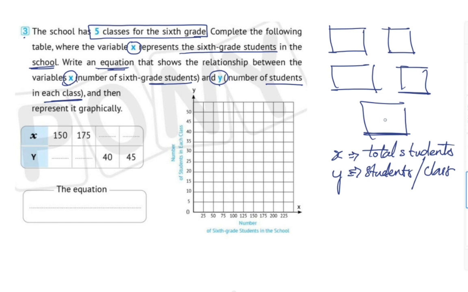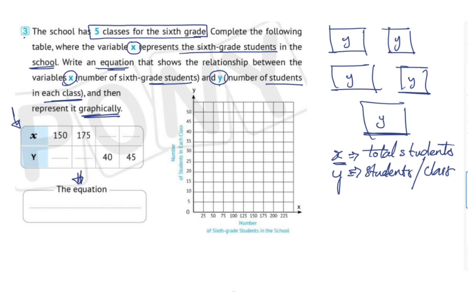So here you have Y and Y and Y and Y and Y. All of these Y will be X, the total students. Now you need to find the equation, then complete the table, and then graph. First, try to find the equation.